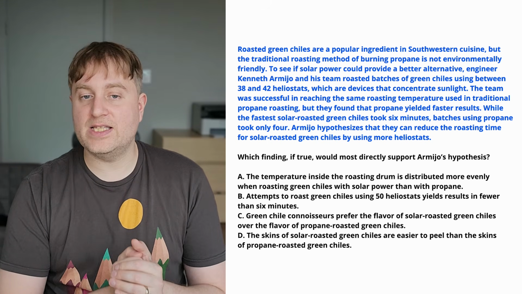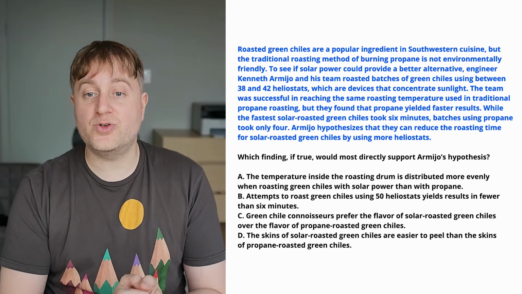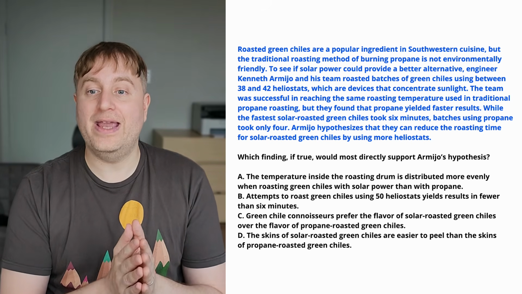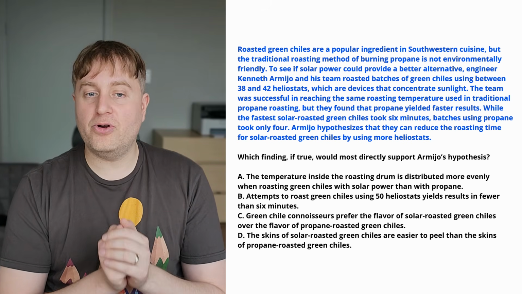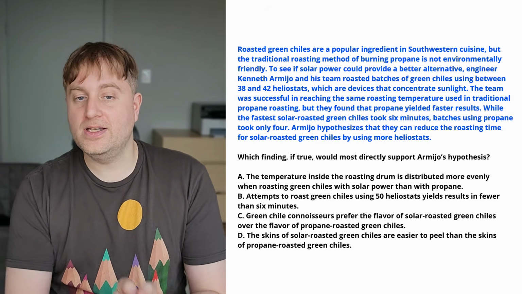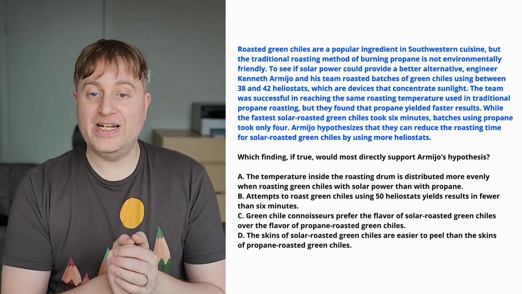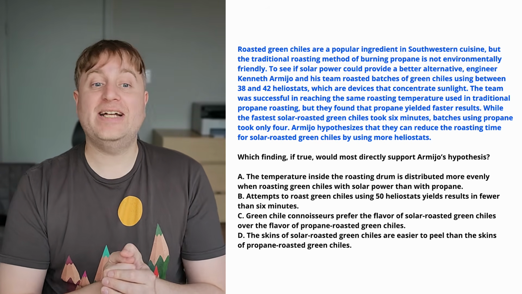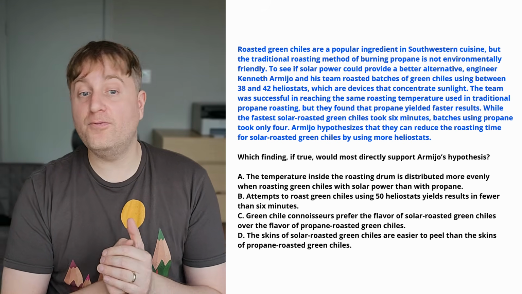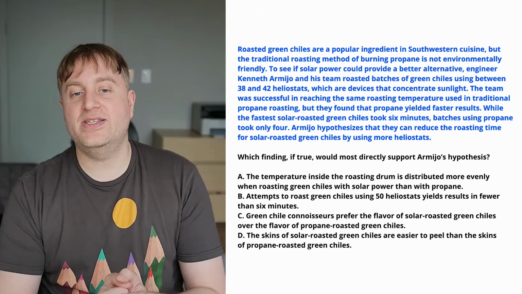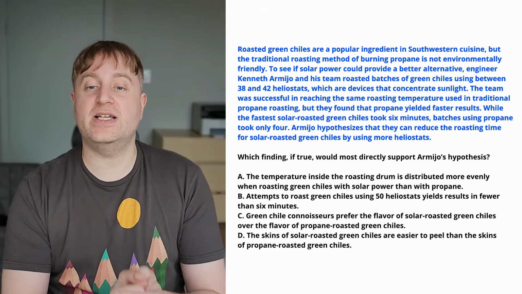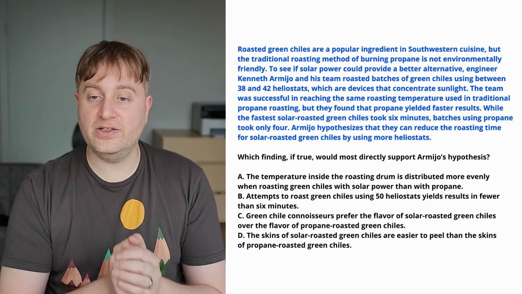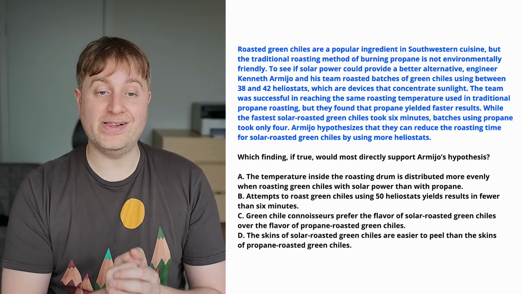The team was successful in reaching the same roasting temperature used in traditional propane roasting, but they found that propane yielded faster results. While the solar roasted green chilies took 6 minutes, batches using propane took only 4. Armijo hypothesizes that they can reduce the roasting time for solar roasted green chilies by using more heliostats.